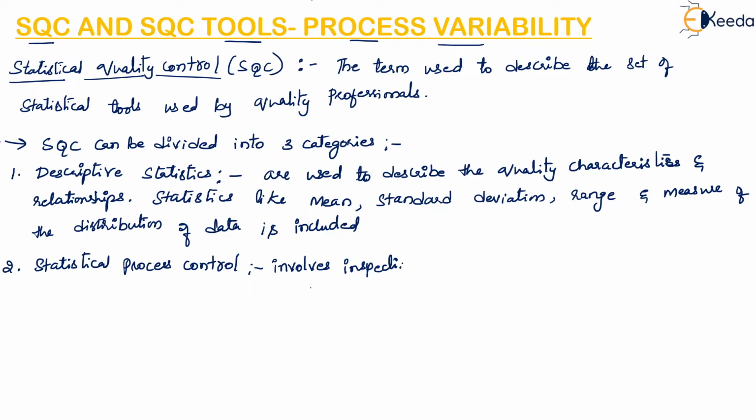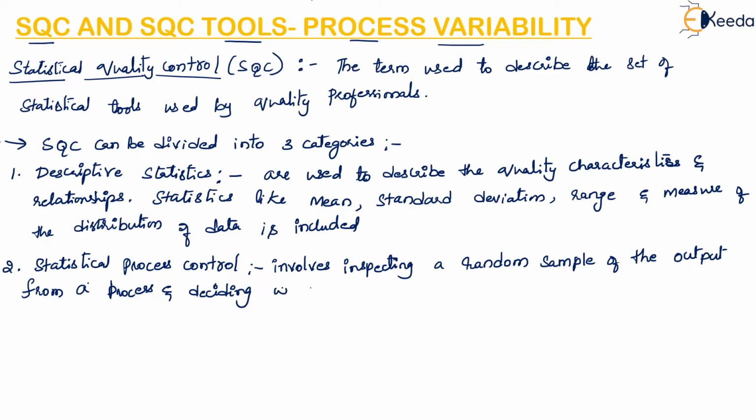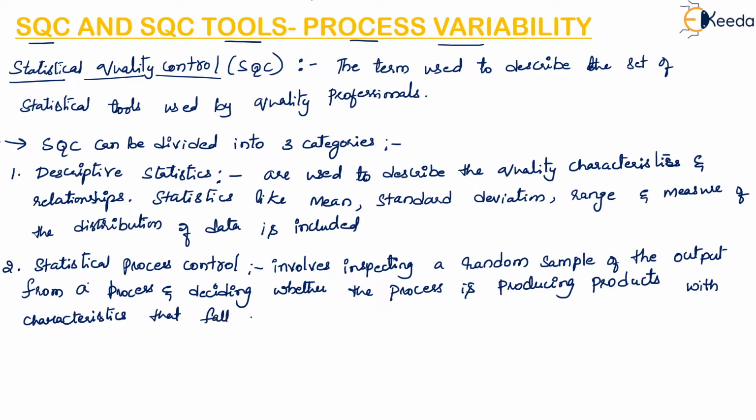So here we will inspect a random sample. So first we will receive an output from the process, that is a product which is being manufactured is received, and then we will decide whether the process is producing the products with characteristics that fall within a predetermined range or not.